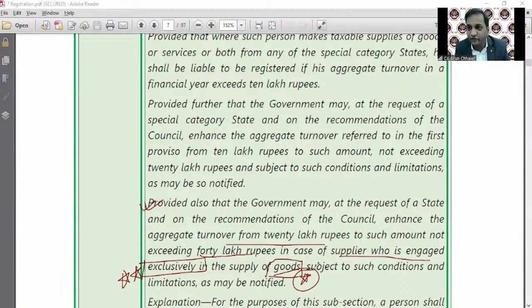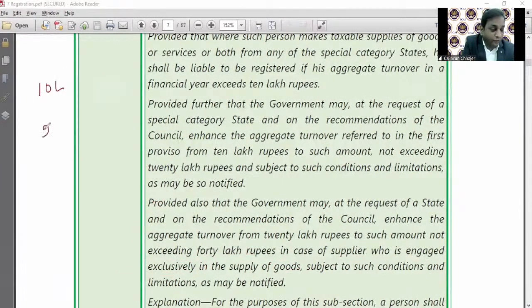The answer is 10 lakh rupees. Now, for other than special category state, the initial limit would be 20 lakh rupees.